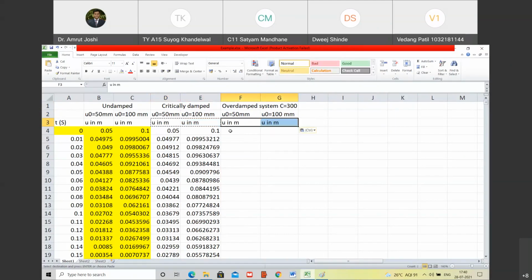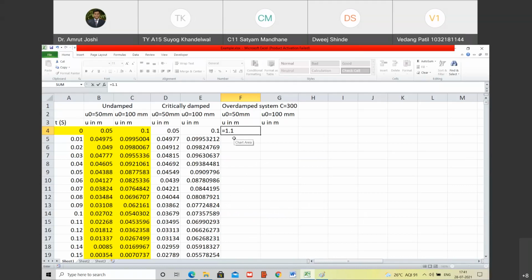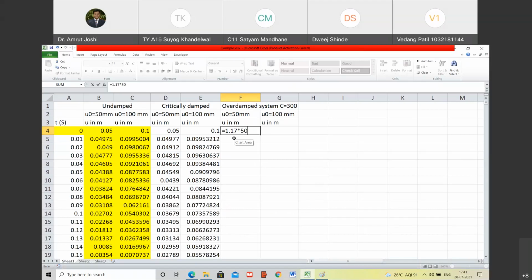So now U has to be in meter. So I have set U in meter. And now what is the equation? So let me write down the solution. For the first case, when U0 is equal to 50 mm, how does the solution look like? It is 1.17, see 1.17. Are you able to see what I am writing? Yes, sir. Multiplied by U0. What is the value of U0? 50 upon 1000. Happy?